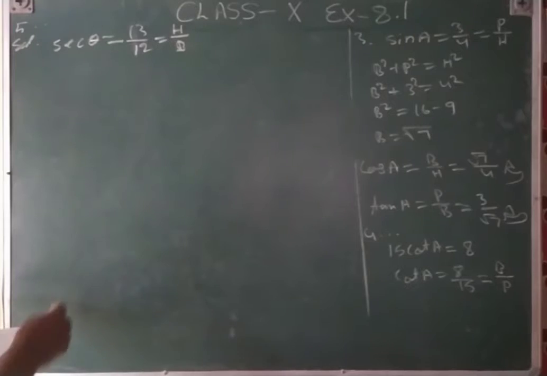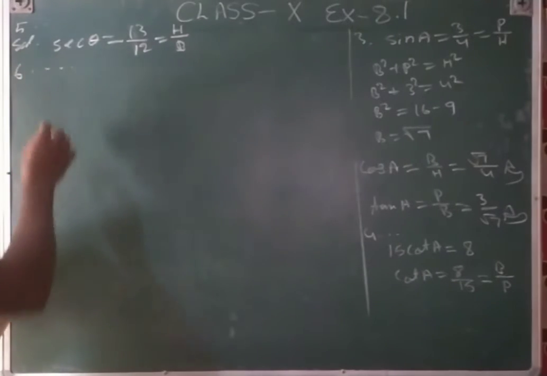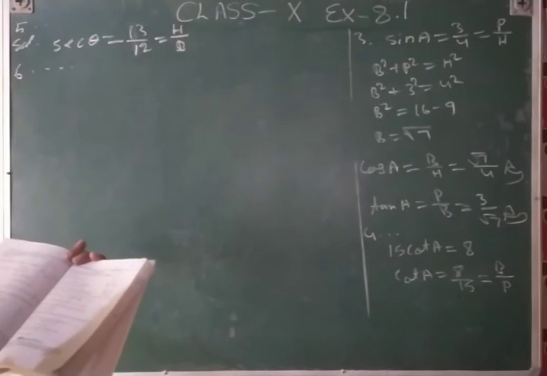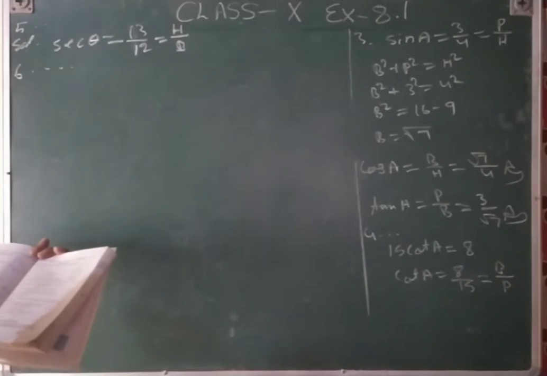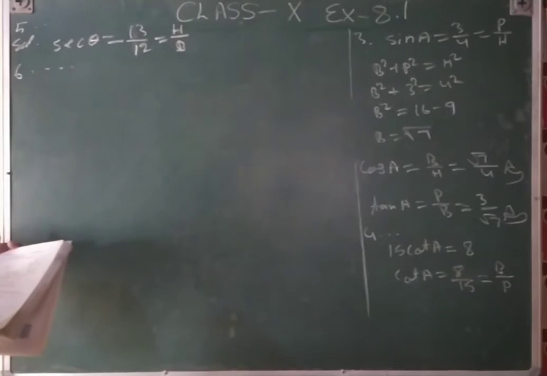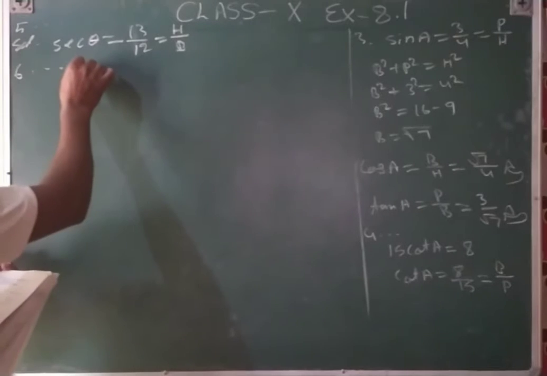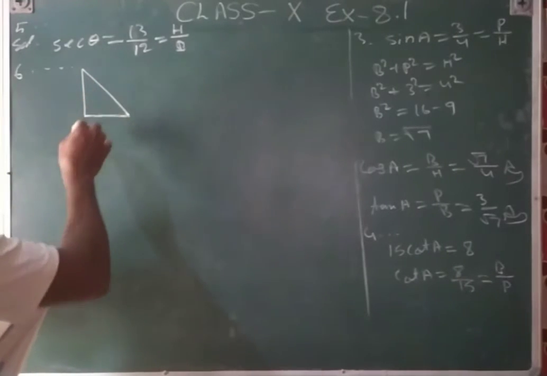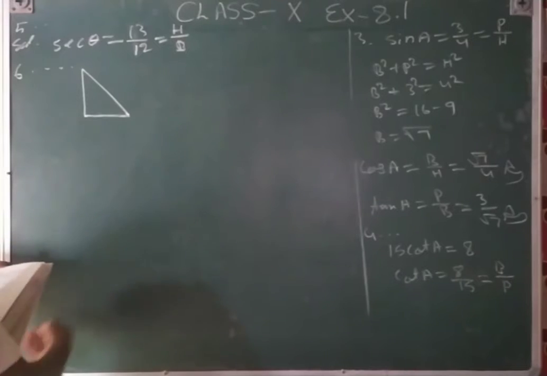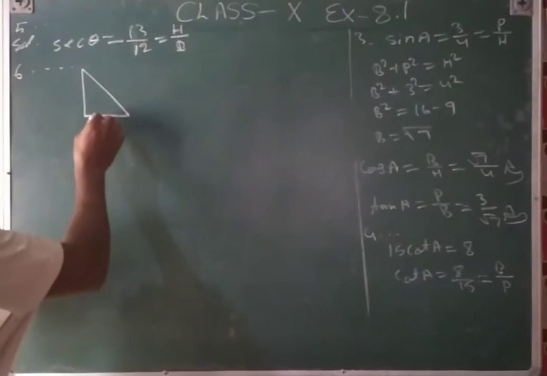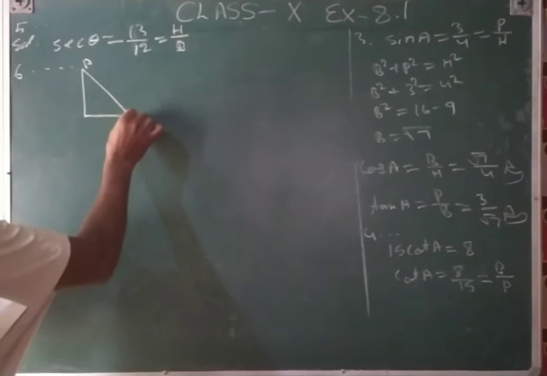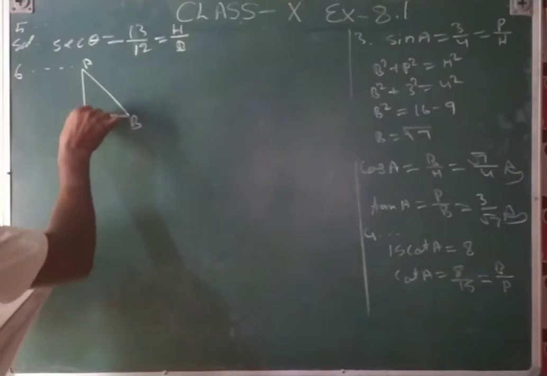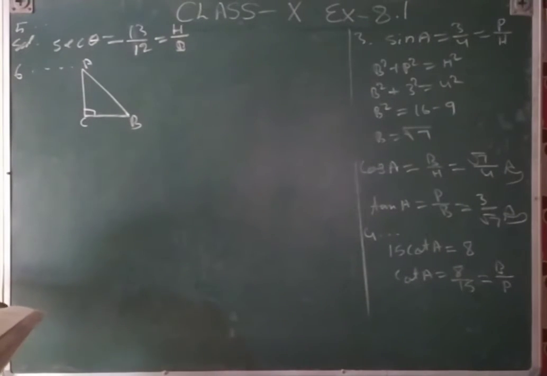Then the sixth question. Yes, the sixth question is just a different type of question. Angle A and angle B are acute angles such that cos A is equal to cos B. First of all we will draw the triangle with angle A and angle B, so A, B, C. Obviously C will be 90 degrees, right?